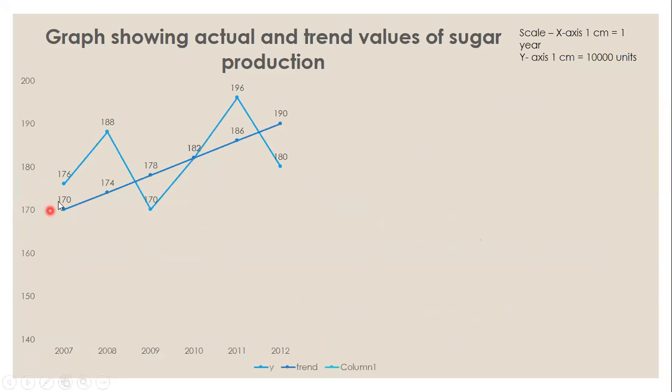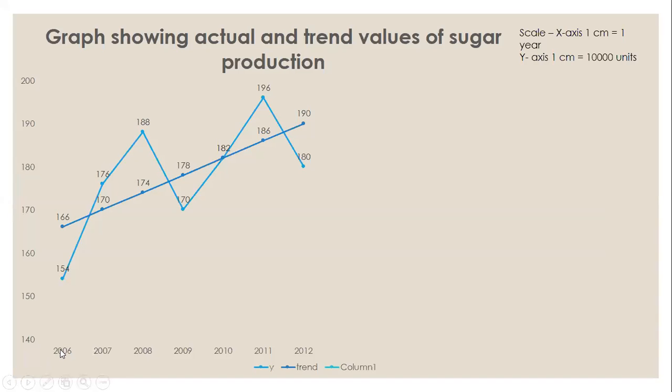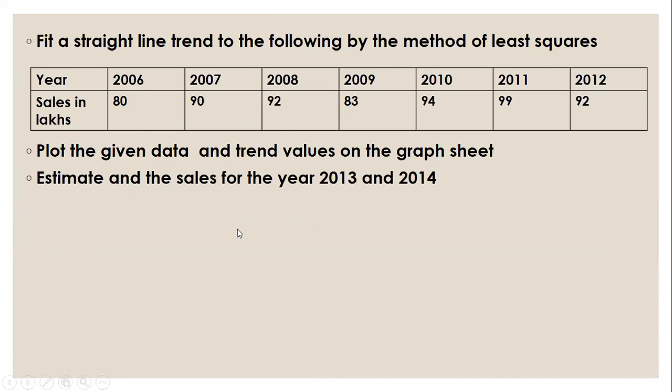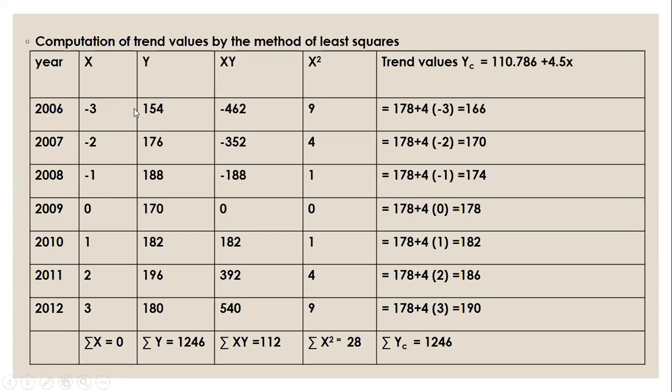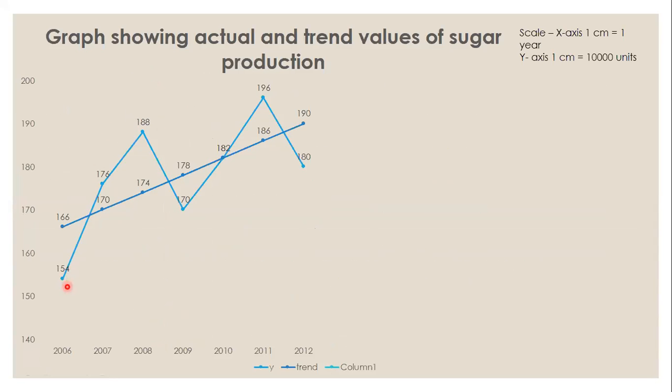You have to consider 2006 also. Just wait a second. Now if you see, it is considering from 2006. So you have 154, 176, 188, 170, 196 and 180. So this is the Y data that we are considering.